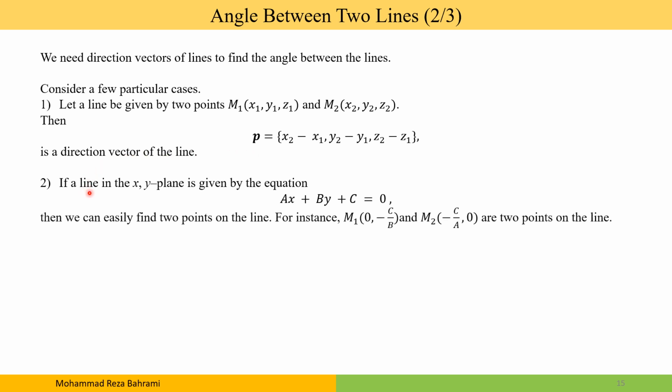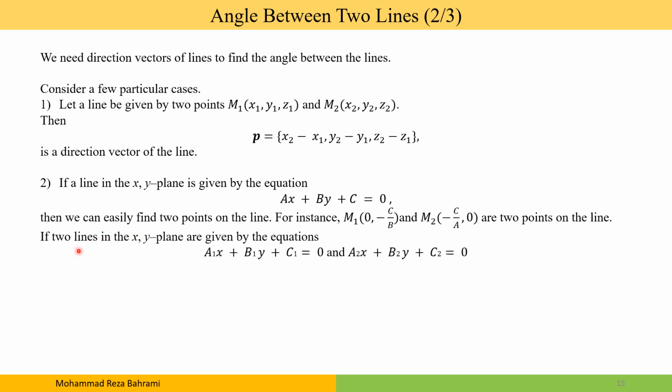And if a line in the xy plane is given by the equation ax plus by plus c equals 0, we can easily find 2 points on the line. For instance, just by setting x to 0, we can find y, and if we set y equal to 0, we can calculate x. So we have 2 points on the line.